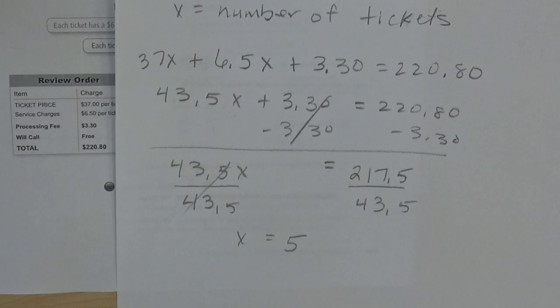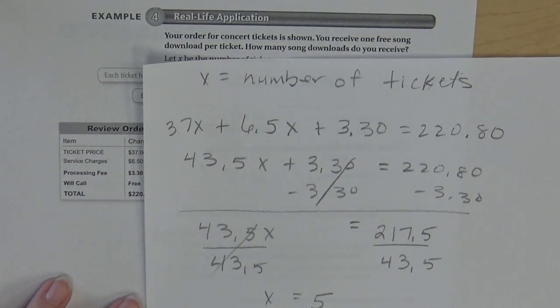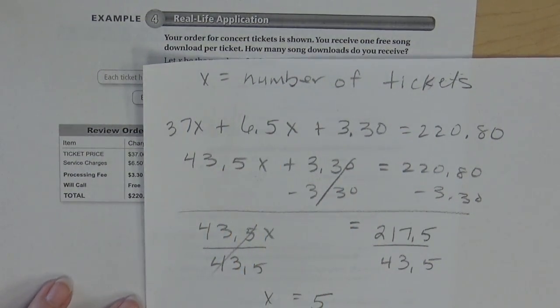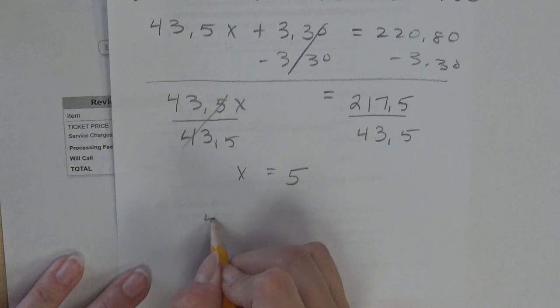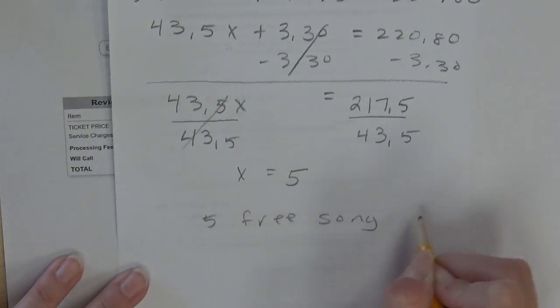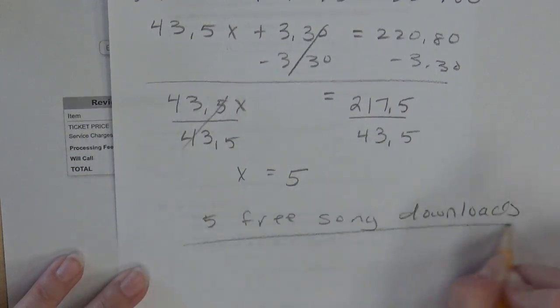Does that answer the question? They wanted to know how many song downloads I received, and I have found that I purchased 5 tickets. So that means, according to my information, I got 5 free song downloads. And that is my answer.